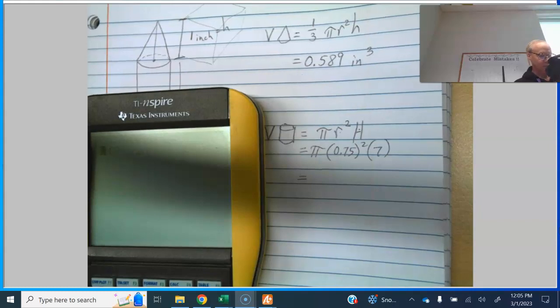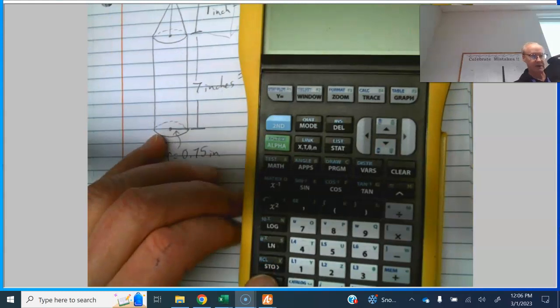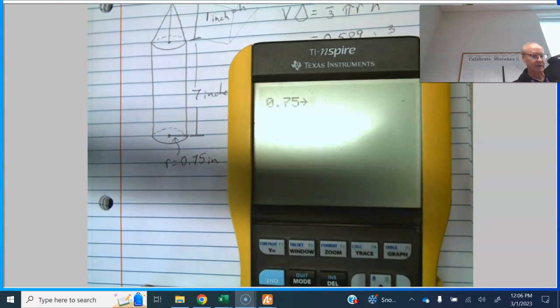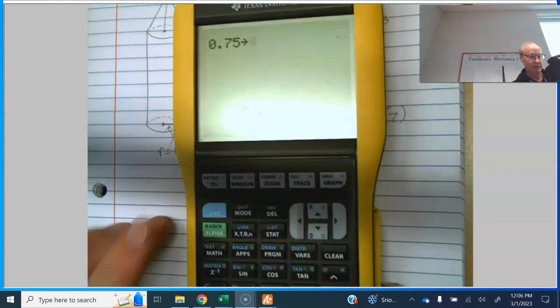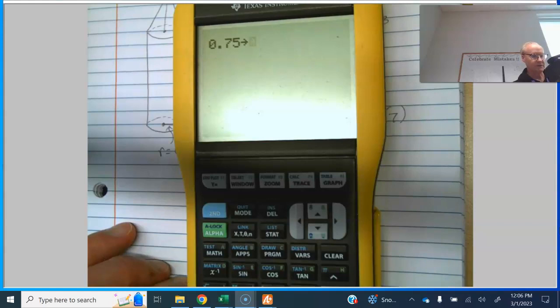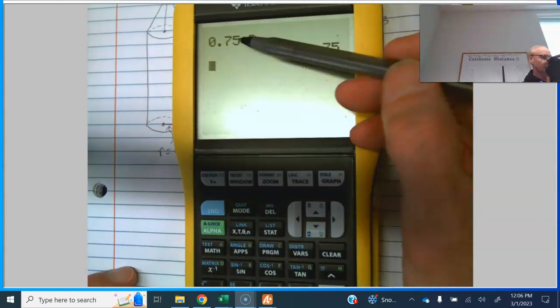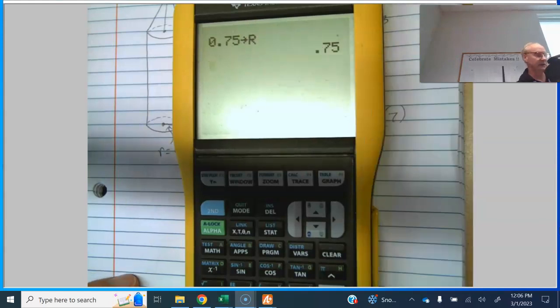Oh, I'll do it the other way. If you want to put in your radius, you just store it. Whoops, hang on. 0.75, and I use the STO key. It's right there, at the bottom just above on, and it looks like a little arrow. And then I use alpha, and then R for the radius, and I hit enter. This 0.75 is going to be R until I change it.